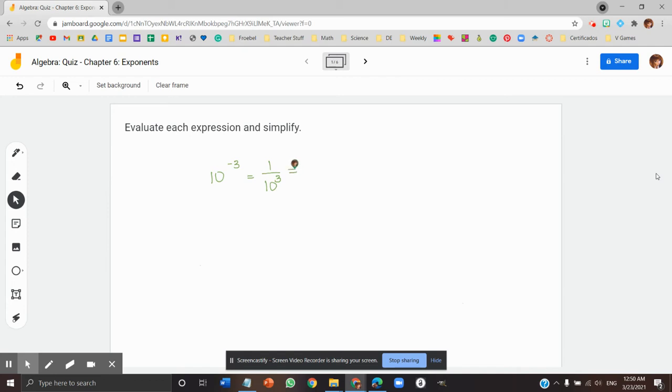And then I can solve, right? Remember that an exponent means we multiply that base by itself the number of times of the exponent. It says 3 times. So this will be 10 multiplied by 10 multiplied by 10. You see it? Well, this is going to be 1,000. Very well. 1 over 1,000.